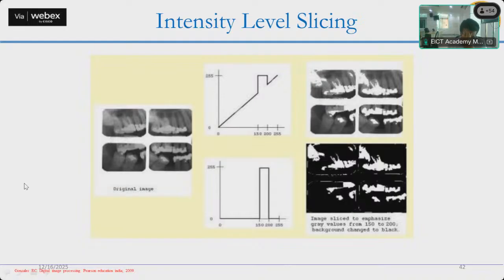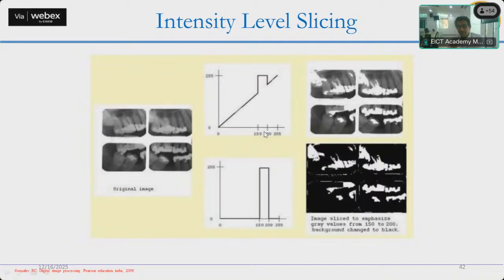Another example of intensity level slicing: here the image is sliced to emphasize gray values from 150 to 200. On the y-axis it is the output value, on the x-axis it is the input pixel values.